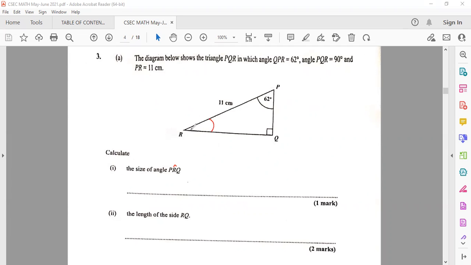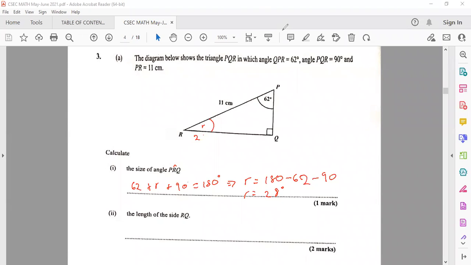So let's call this angle R. We know that 62 plus R plus 90 equals 180 degrees, which implies that R is equal to 180 degrees minus 62 minus 90, so R is equal to 28 degrees.